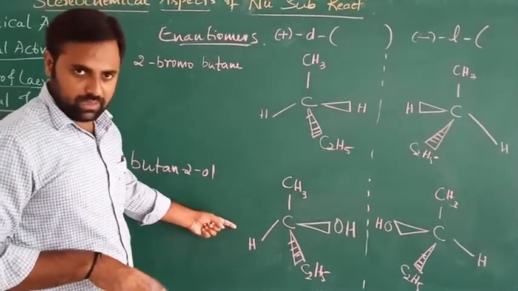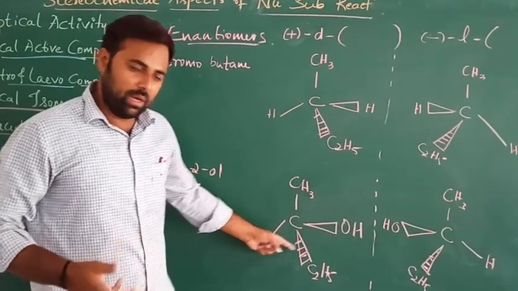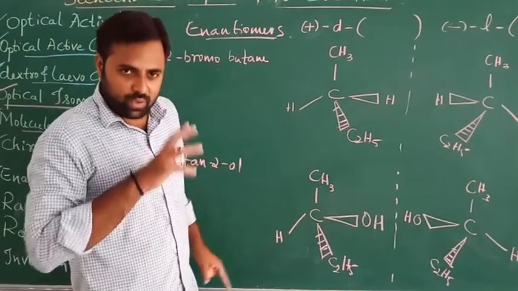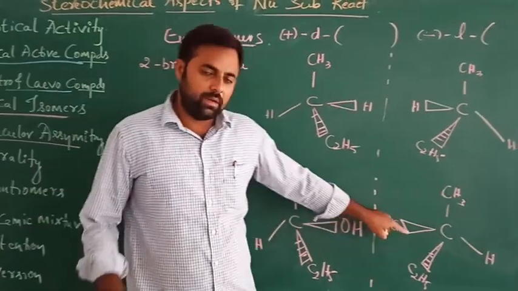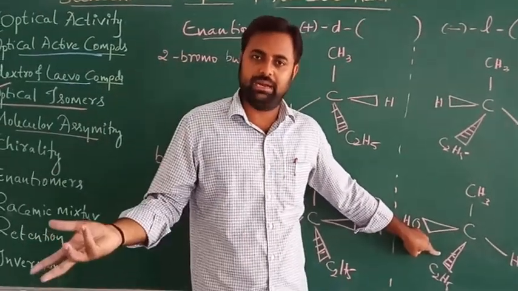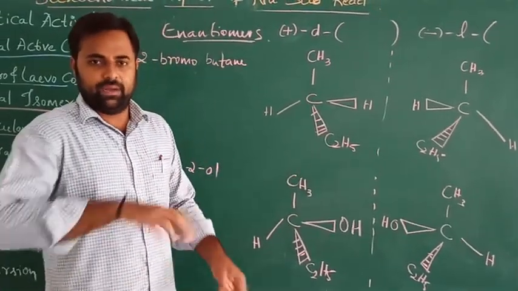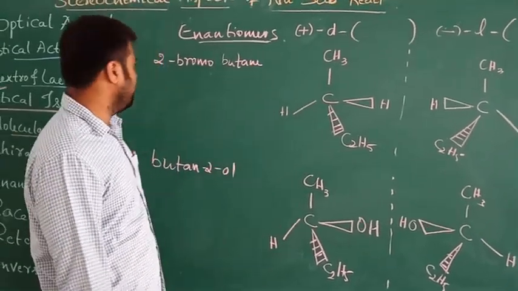Another example is D-butan-2-ol and L-butan-2-ol. One compound is dextrorotatory, meaning it rotates the plane polarised light towards the right side, and the other is levorotatory, rotating it towards the left side. Both compounds together are called a pair of enantiomers. I hope you can understand.